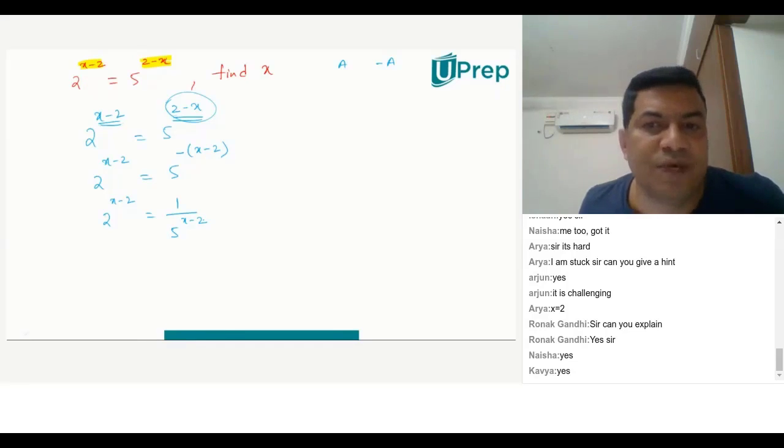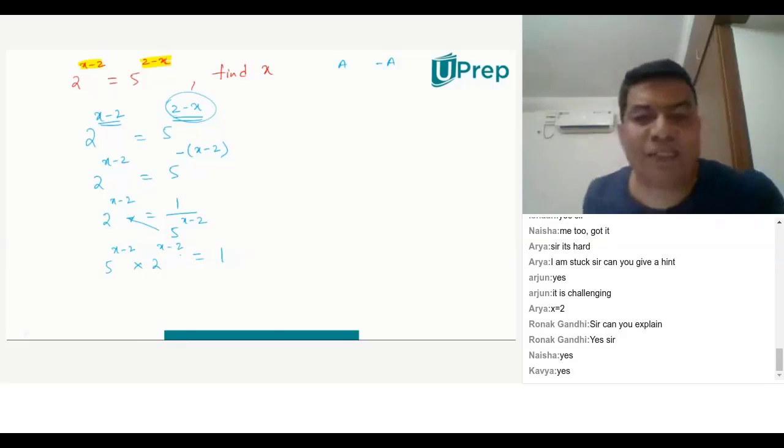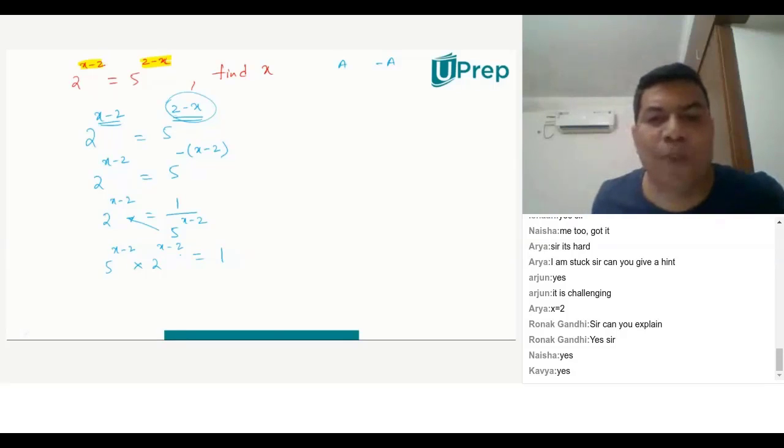Now the problem looks different for me. I cross multiply, because I can bring this 5 power x minus 2 here. So basically 5 power x minus 2 multiplied with 2 power x minus 2 should be equal to 1.